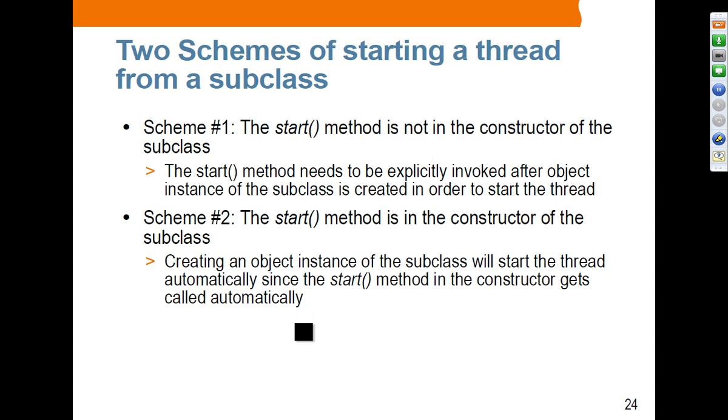Then the start method has to be explicitly invoked after an object of that class is created. Or scheme number 2 is that you could have the start method as part of the constructor of your subclass. In that case, the start method does not have to be explicitly invoked because it will be invoked as part of the constructor. Now you might want to say at this point, I am confused, and I perfectly understand.